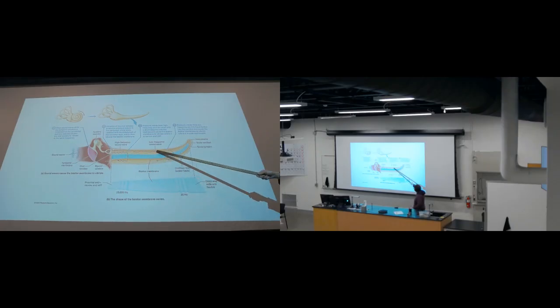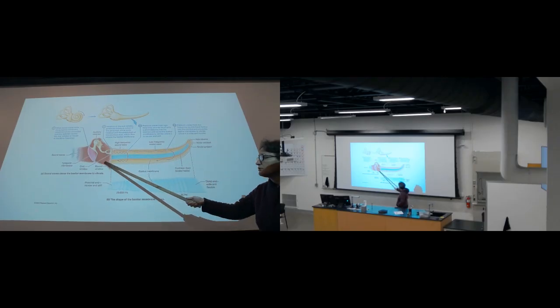And then these waves will be transferred. And as they transfer, you will have embedded within this area the organ of Corti with the hair cells that will depolarize. And then that will send the action potentials into the cochlear nerve.